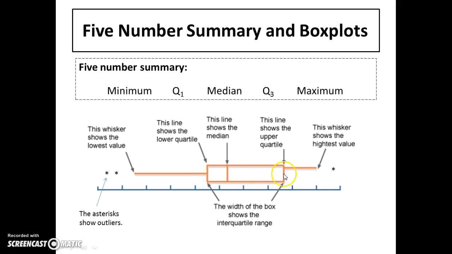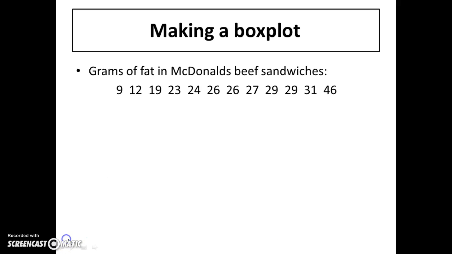And then from the end of the box, we draw a whisker to the minimum and a whisker to the maximum. Any values that are outliers are marked with little asterisks or stars. Sometimes they're marked with circles, but any sort of marking outside of the range represents an outlier.